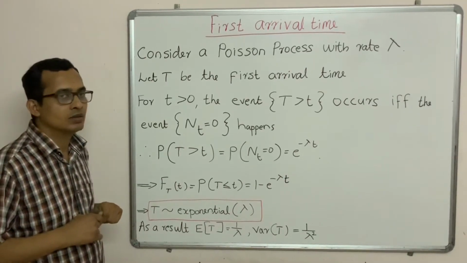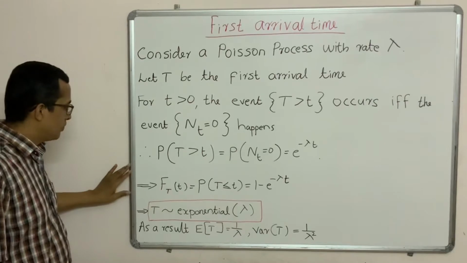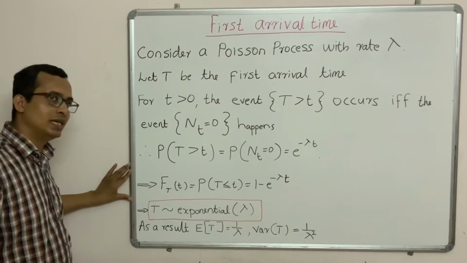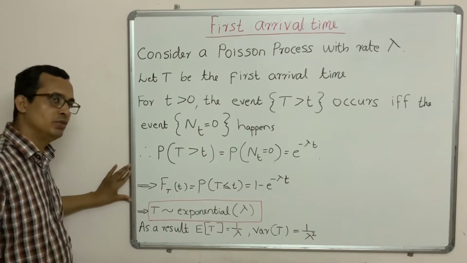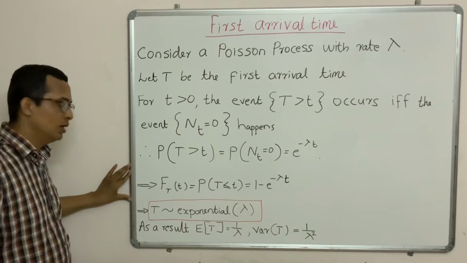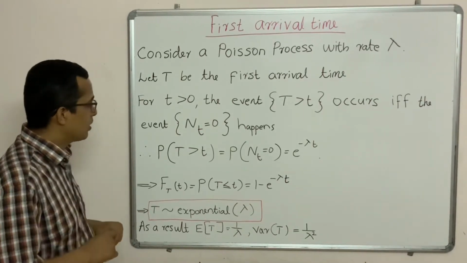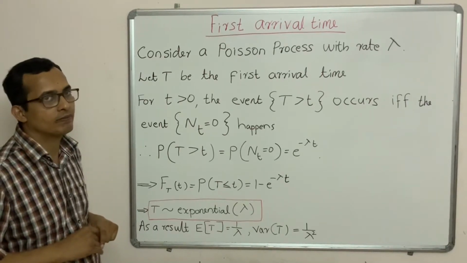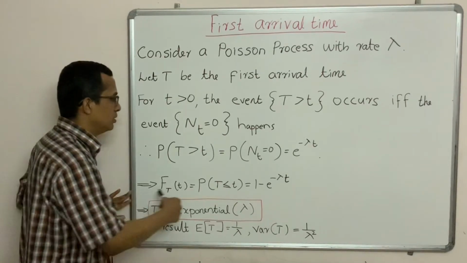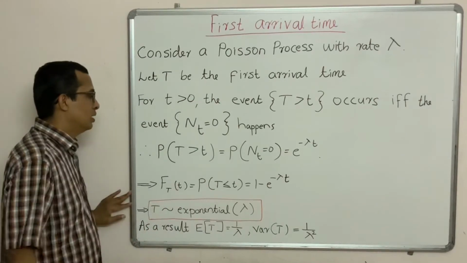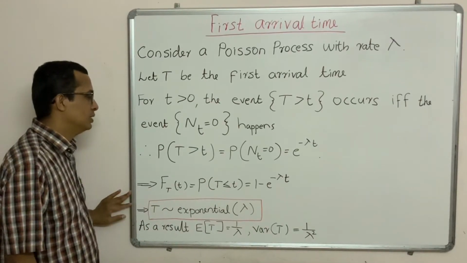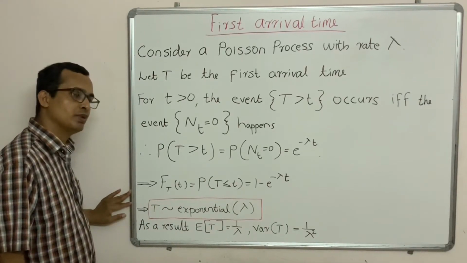From that we can see the CDF, the cumulative distribution function of capital T: F T of t, which is the probability of T less than or equal to t, is 1 minus e power minus lambda t. And you can now recognize that this is an exponential distribution.